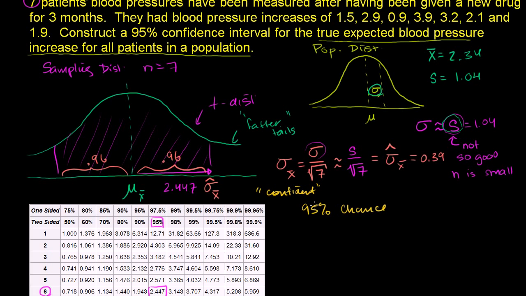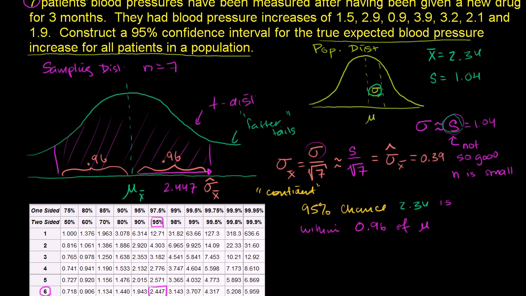We're just confident that there's a 95% chance that the 2.34, which we just picked from this distribution, is within 0.96 of the true sampling distribution mean, which is also the population mean.